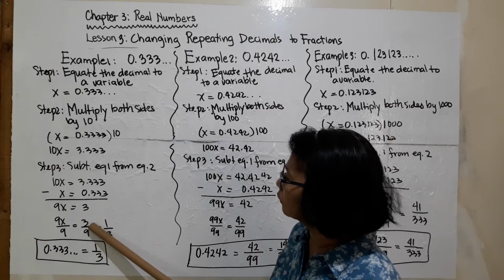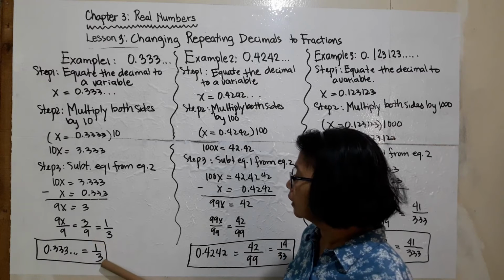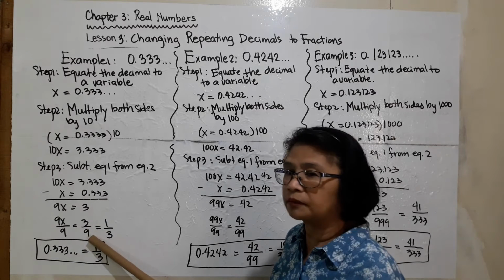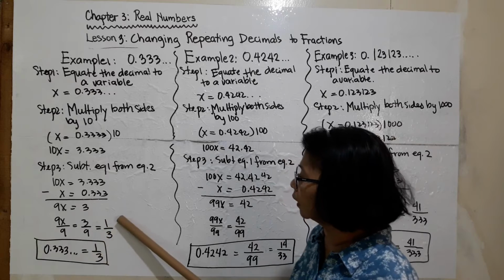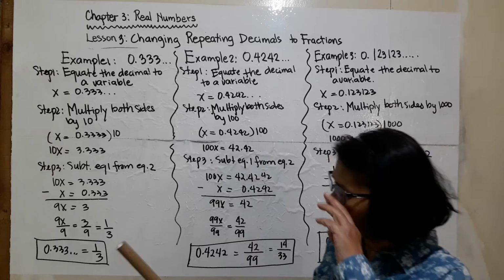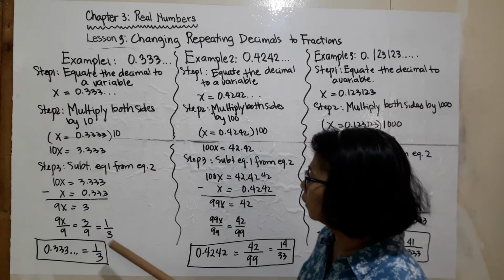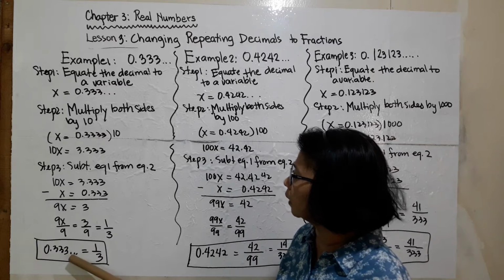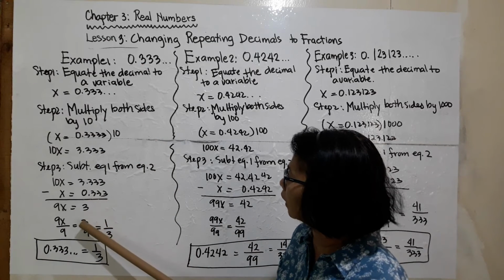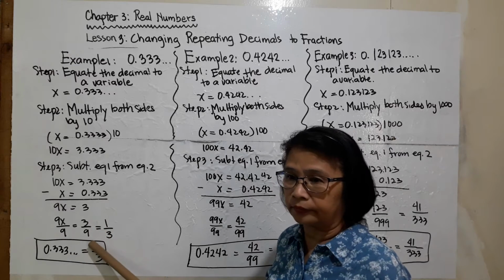And then for the denominator, use 9. In this case, 3 over 9 is not simplified, so I reduce it to 1/3, the lowest term of 3 over 9. So remember, if there is one digit that keeps on repeating, change that to a fraction wherein the numerator is that repeating digit, and then write the denominator 9.